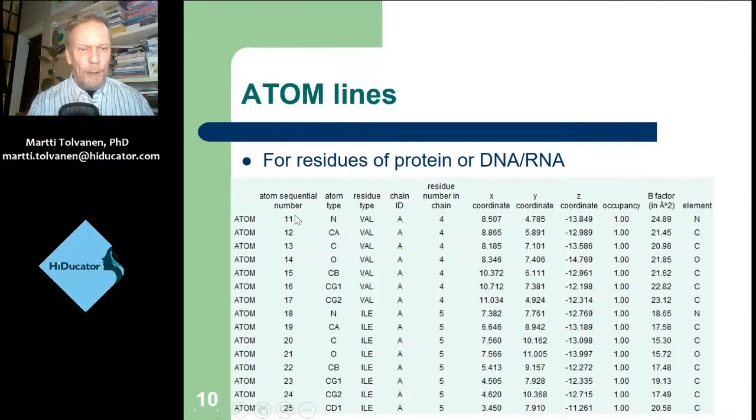All the atoms are numbered sequentially, relative to this PDB file, and we have some technicalities like the B factor, which is a measure for the mobility of each atom, or rather the certainty in its position. Small values mean that the electron density implies a better known position for that atom.